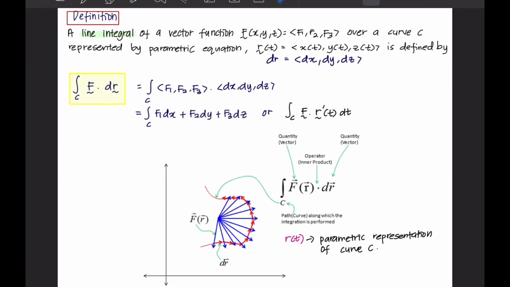Let's look at the definition of line integral. A line integral of vector F over a curve C, where this C is represented by r(t), is defined by this formula: integral of F dot dr. So this is dot product.